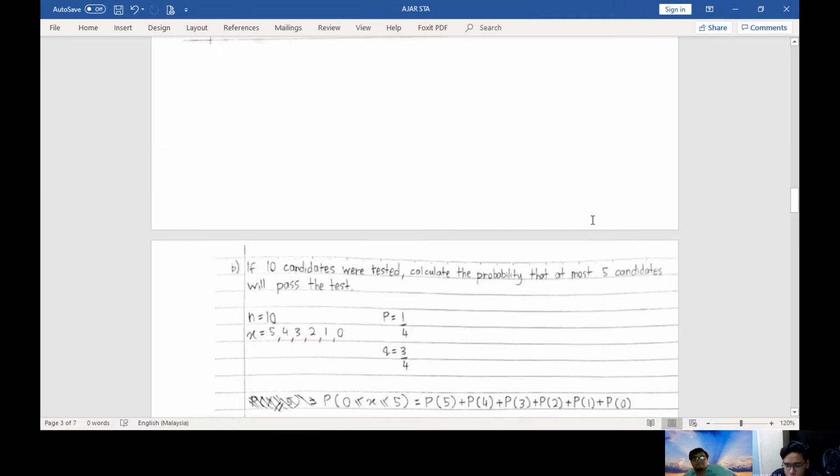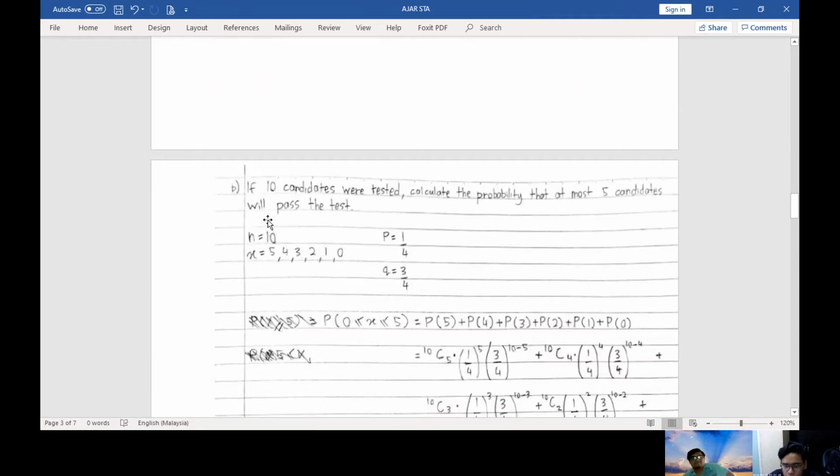Okay, so for question B, if 10 candidates take the test, calculate the probability that at most 5 candidates will pass the test. So for this, it said 10 candidates, so our n is 10. And now the question is at most 5 candidates will pass the test.